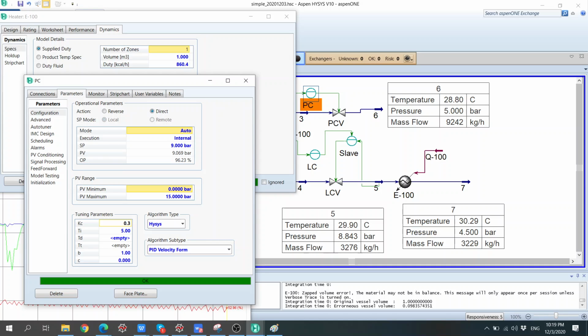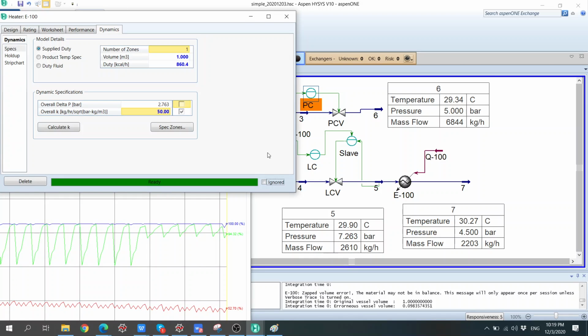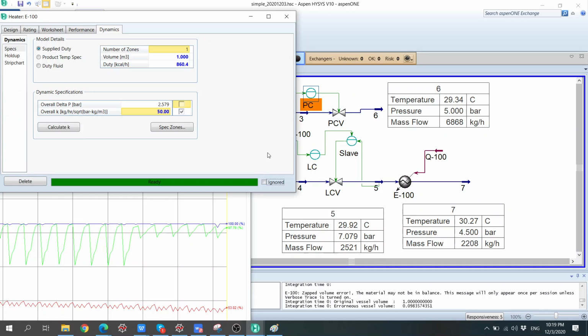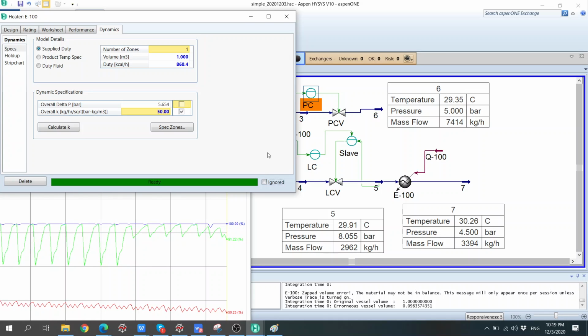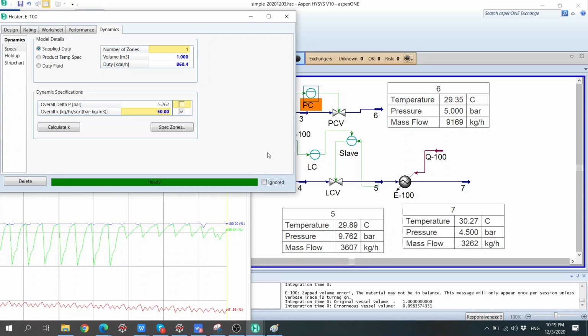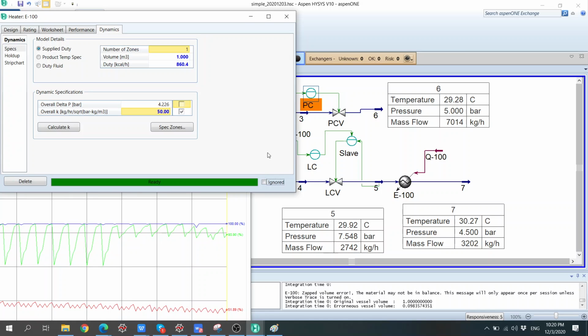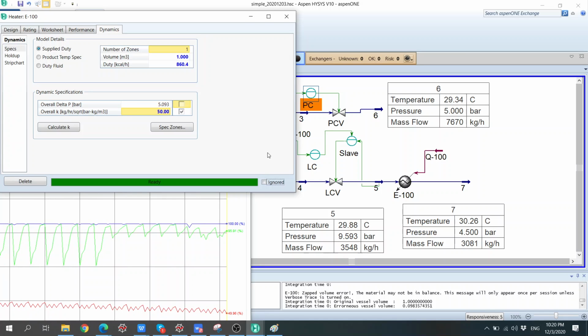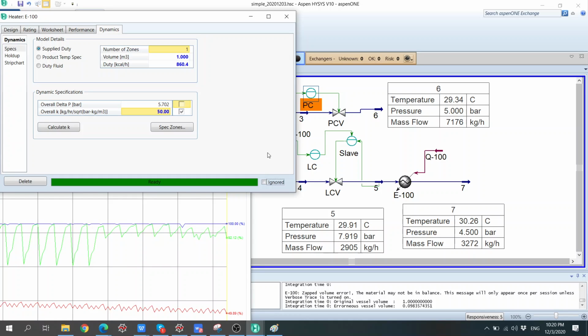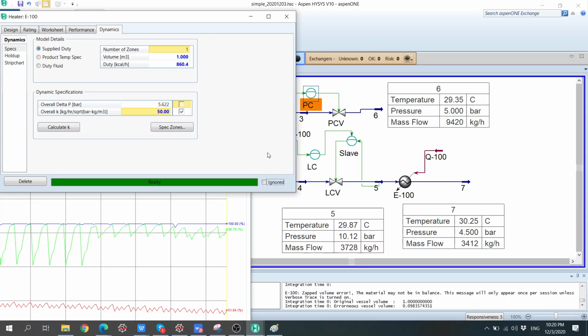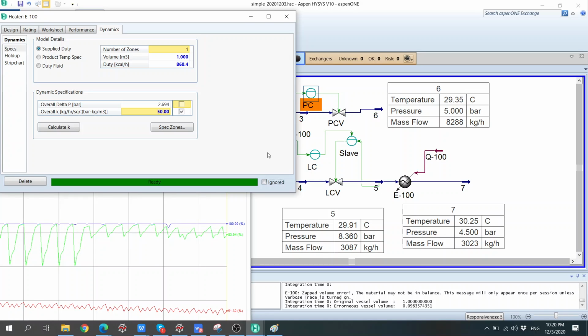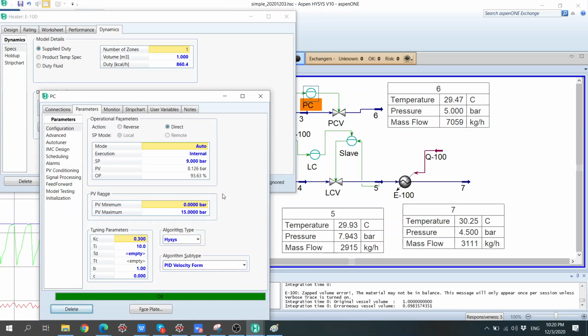Maybe we can make it like it's gonna be 10. Yeah. Now the system is, yeah, a little bit more under control.